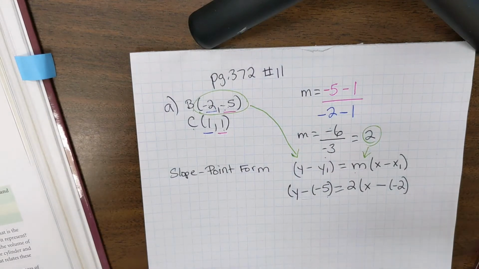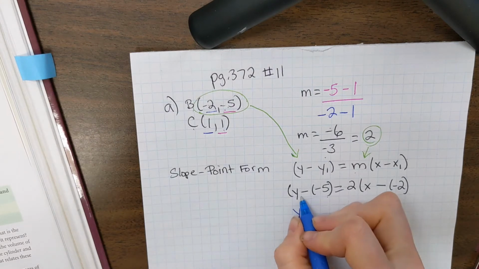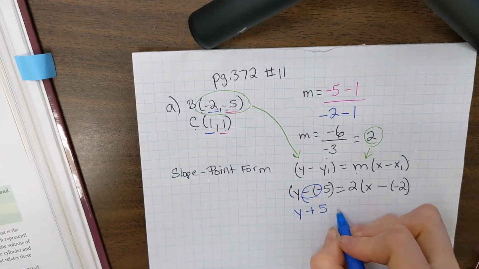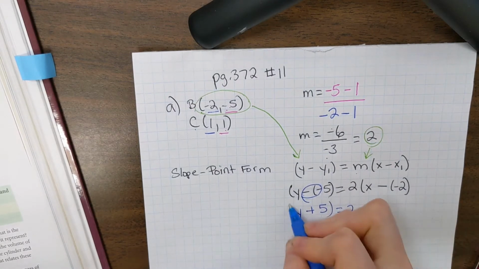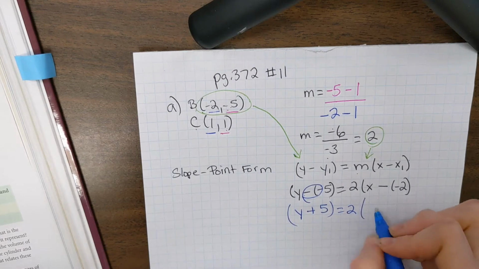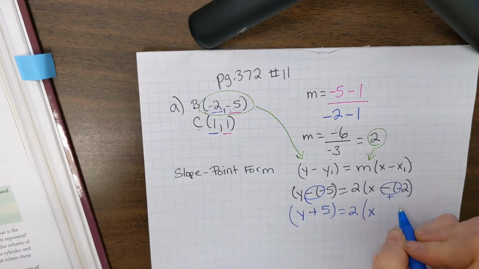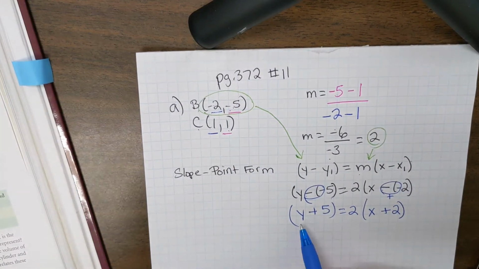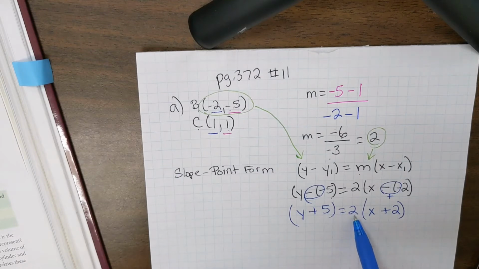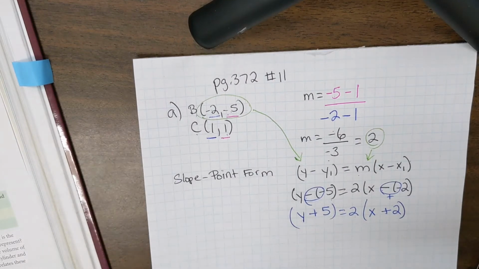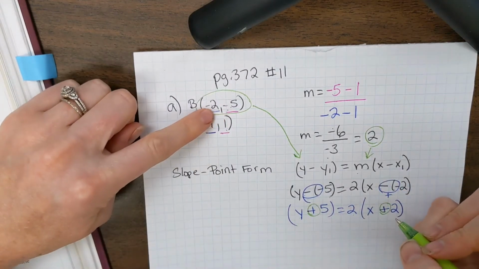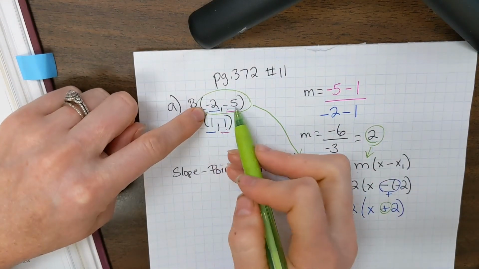Again, you saw this in some of the questions that I sent out on Friday, I believe, but once you have this, take away a negative, we can actually write that as y plus 5. And same thing on the other side, 2 times x, this can be a positive, so x plus 2. So our slope point form equation is y plus 5 equals 2 times x plus 2. Now notice that here we see a positive and a positive, but if we look back at our point, they were both negative.